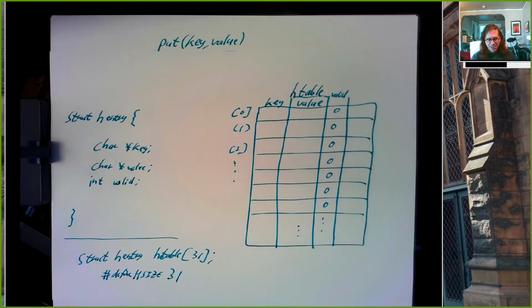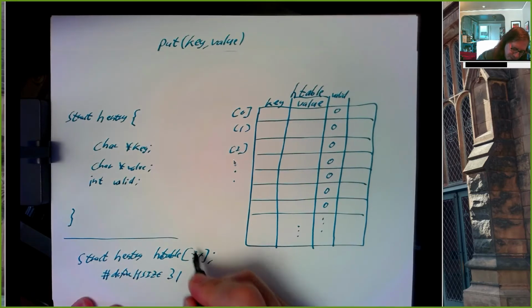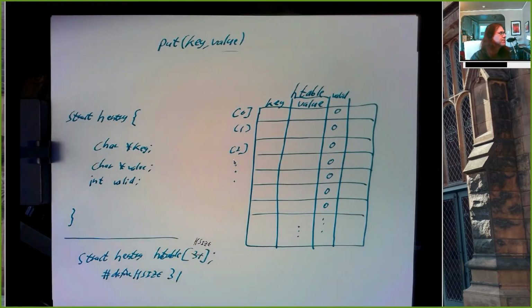So for this particular example, there can be 31 spots available in this array. And maybe I would keep my code clean and use h size in here instead of 31. So yeah, there's 31 possible places to store. So how do we know which one of those 31 locations we should use?